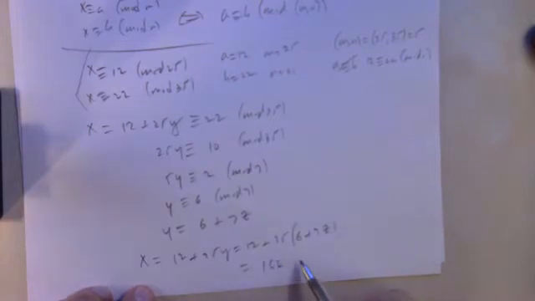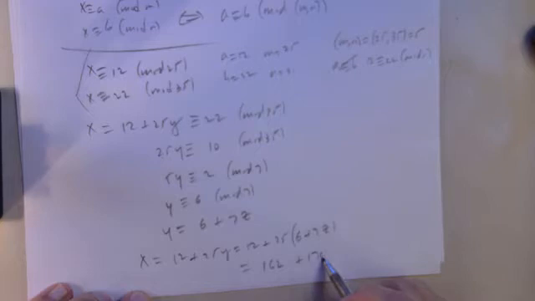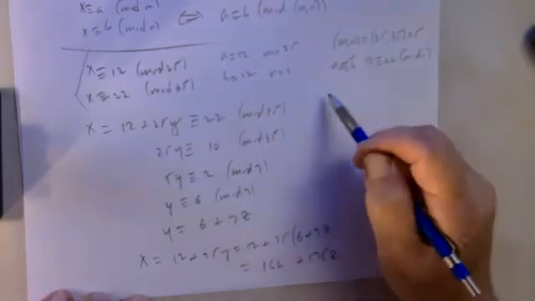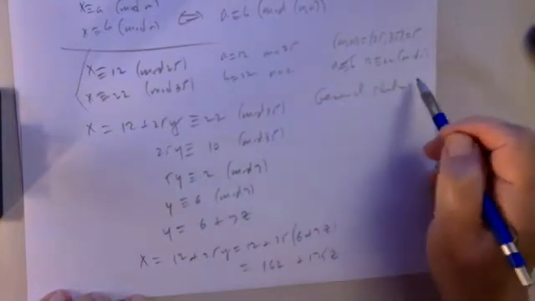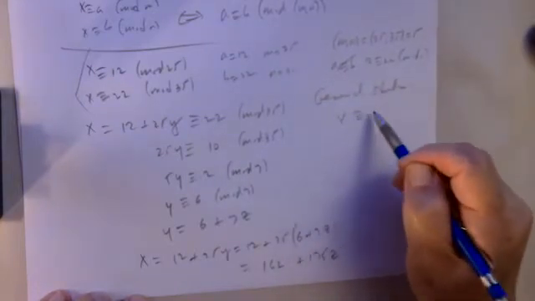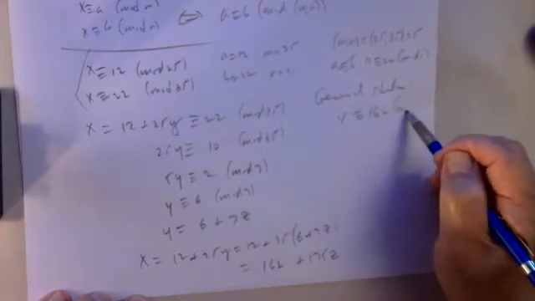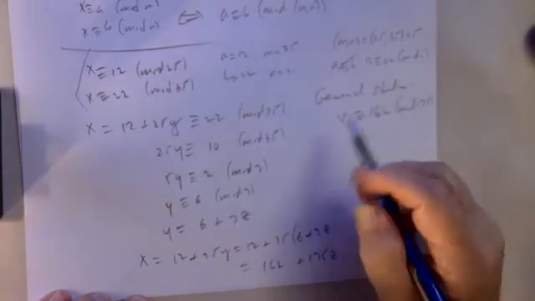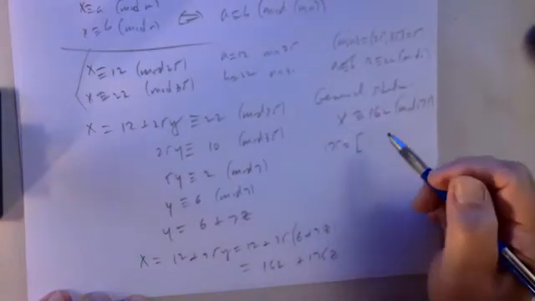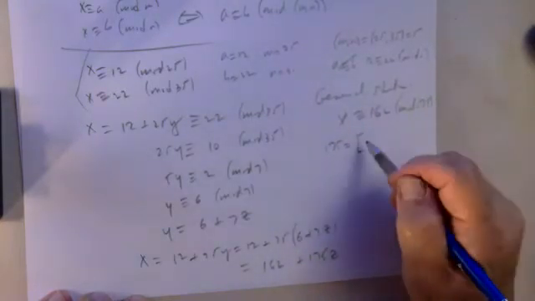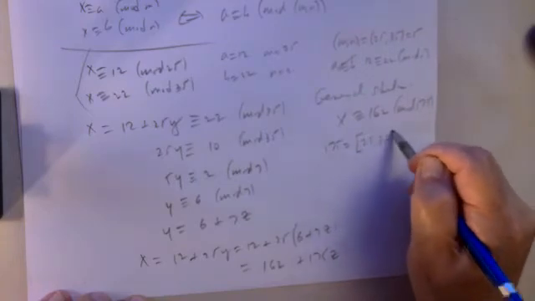That's 162 plus 25 times 7, 175z. So the complete solution, the general solution, is all x congruent to 162 mod 175. And of course, you note 175 is the least common multiple of 25 and 35.